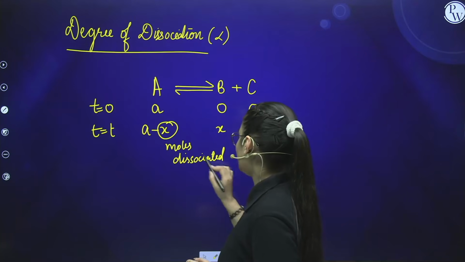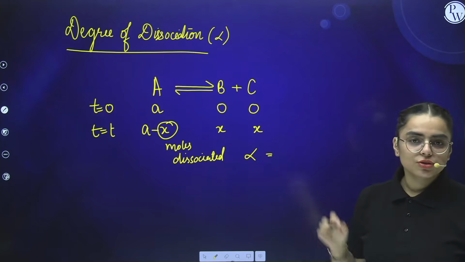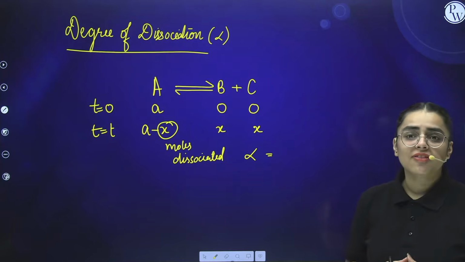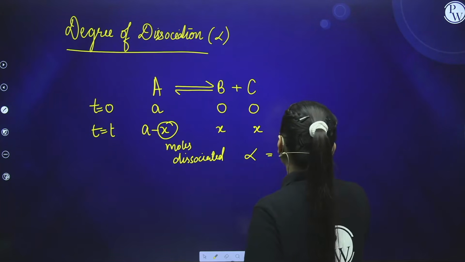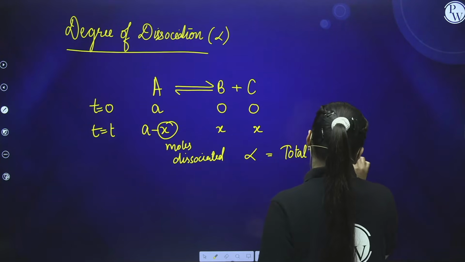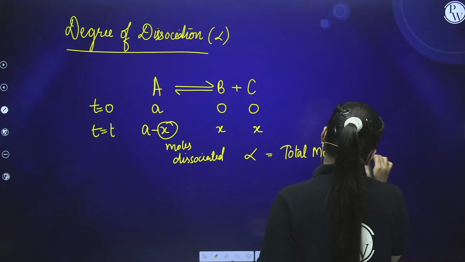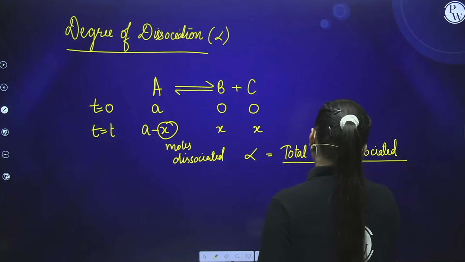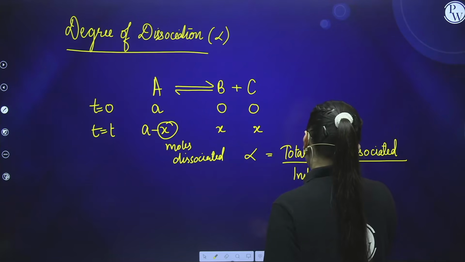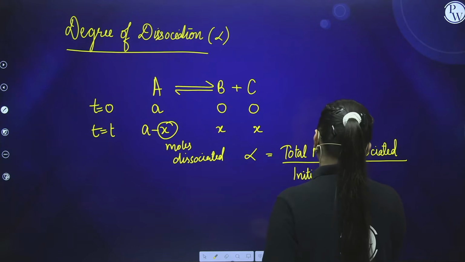Now we need to find the value of alpha, the degree of dissociation, which depends upon the formula: total moles dissociated by initial moles of the reactant.